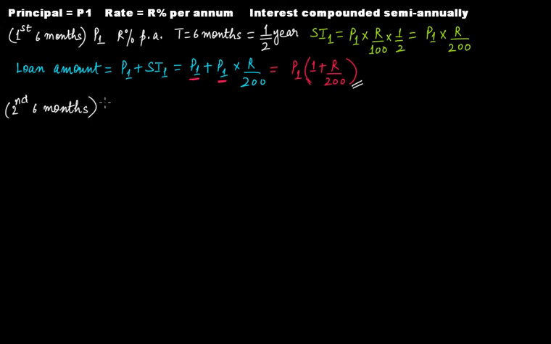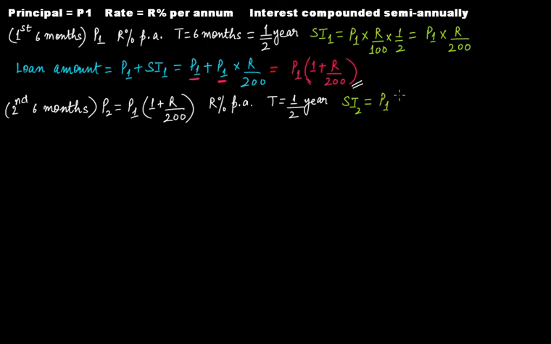For the second period of 6 months, your principal, let's say that principal is P2, and that will be equal to this one, that is P1 times 1 plus R by 200, and your rate is R% per annum. Time period is equal to 1 by 2 year. If you calculate the simple interest SI2 for this period, that will be equal to P2 multiplied by this R multiplied by half. So what's P2?